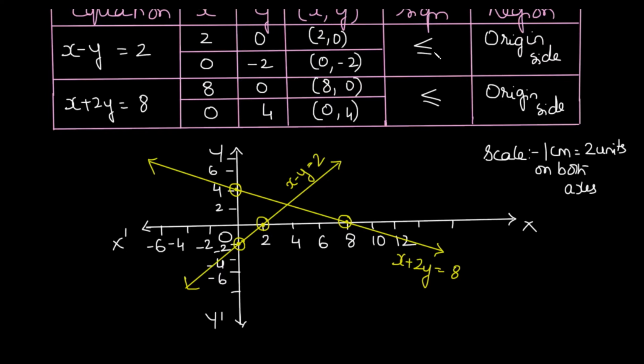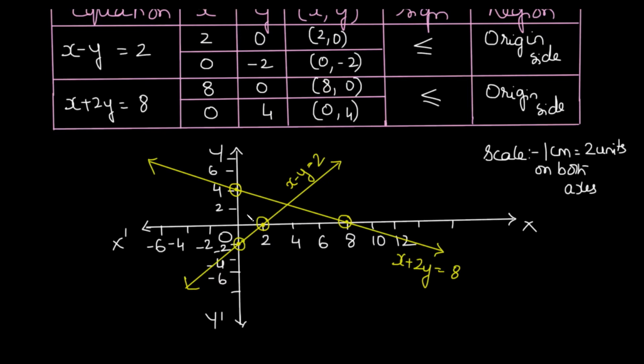Now to find the feasible solution, you observe that both the lines have their solutions on the origin side. So let me indicate it to you. The first line, x minus y is equal to 2, has this side which contains the origin. And the other line, x plus 2y is equal to 8, also has this side which contains the origin.